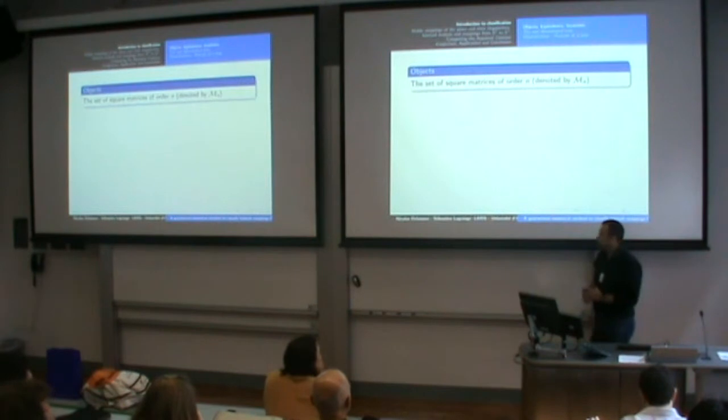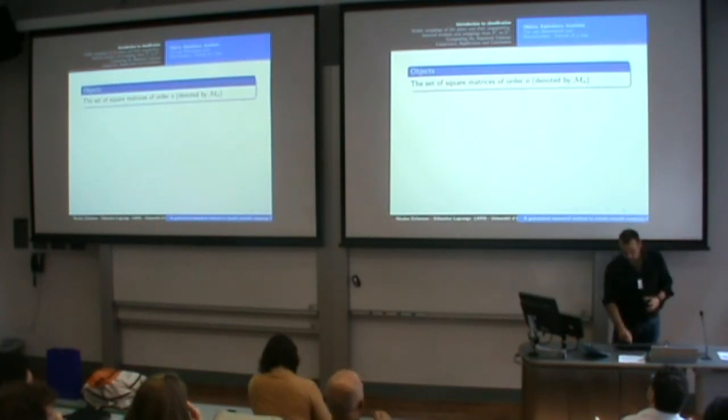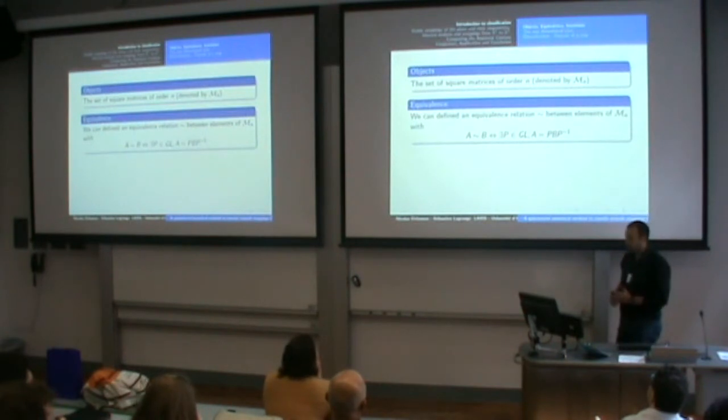When you want to classify, you need to consider the objects that you want to classify. So for example, I can consider the set of square matrices of order n, and we also need an equivalence relation. This is a classical one.